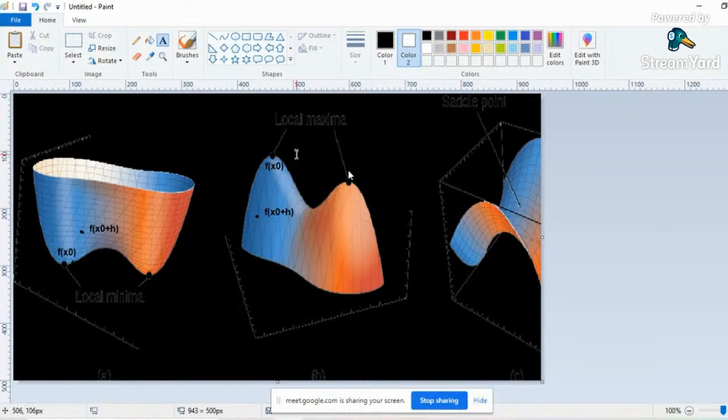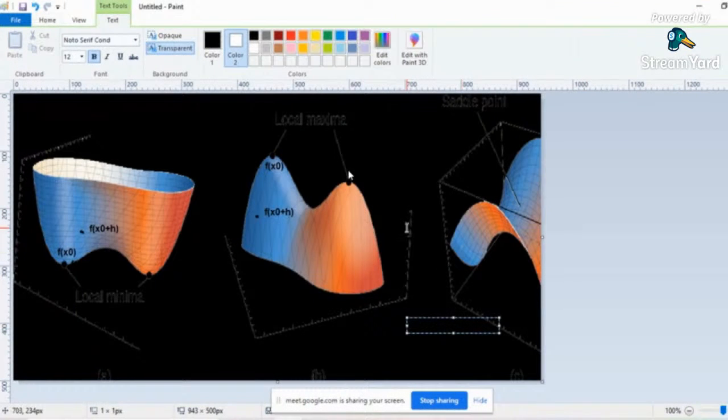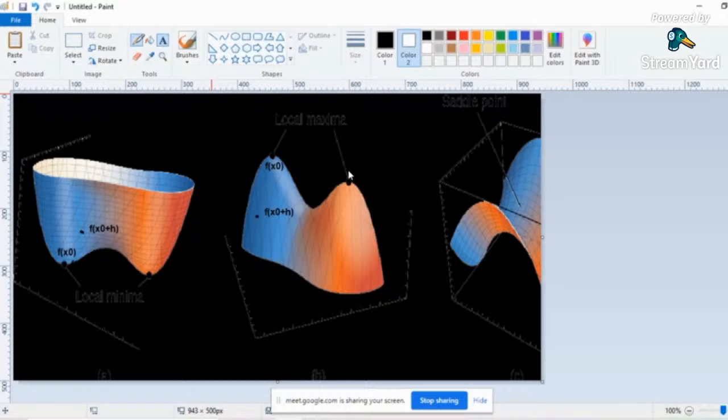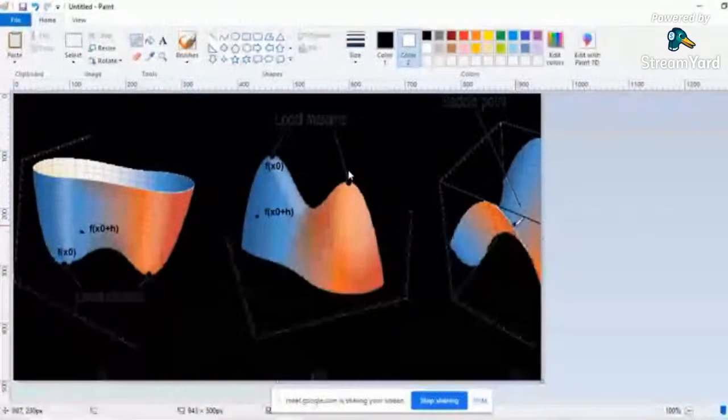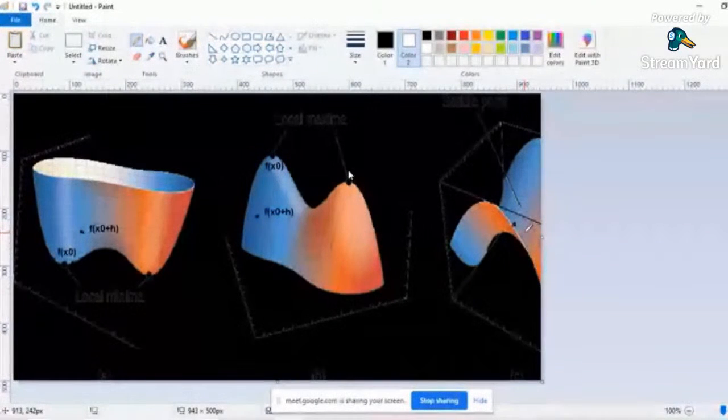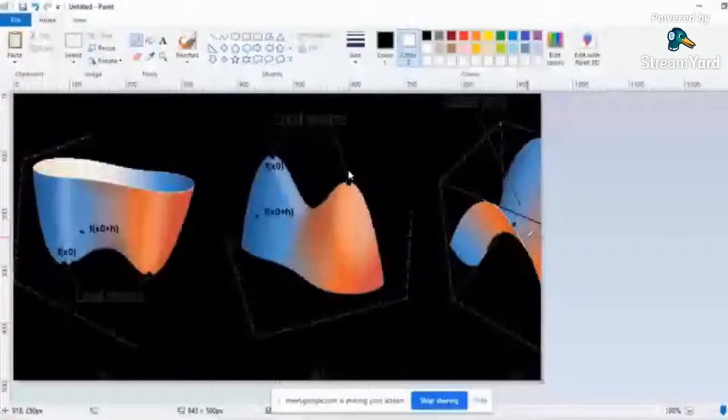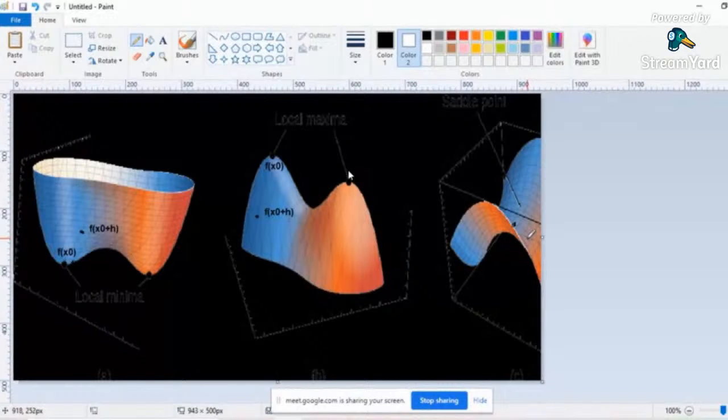When we look at this figure, suppose x naught plus h is here, it is below.